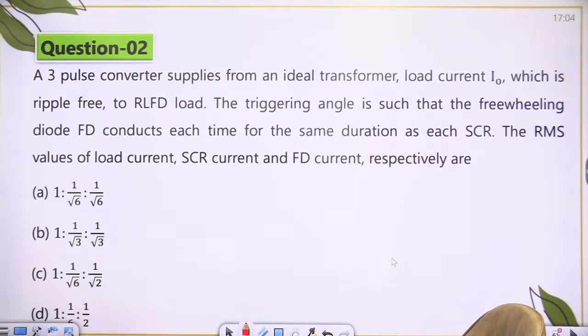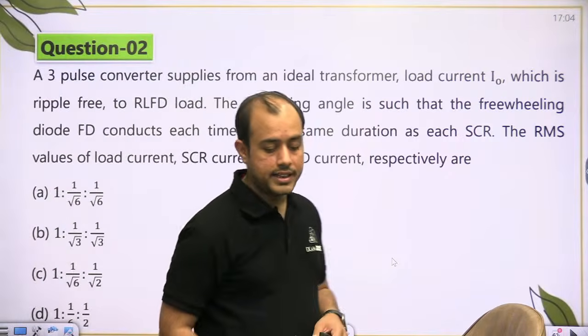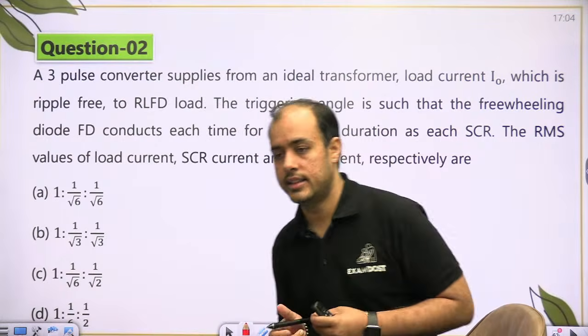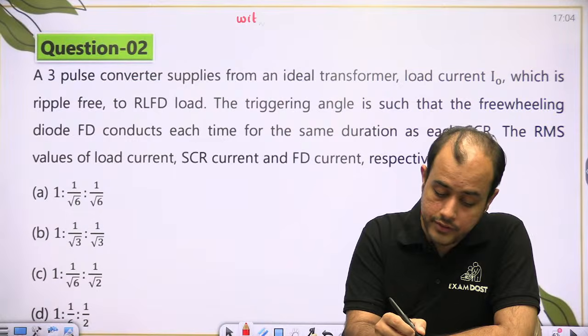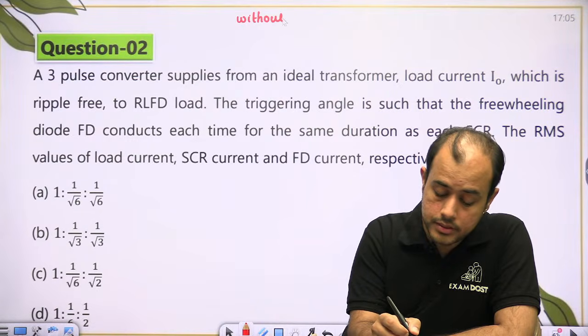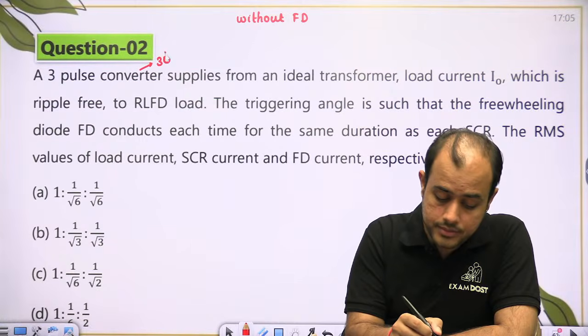चलिए ट्राई दिस वन। 3 पल्स कन्वर्टर सप्लाइड फ्रॉम आइडियल ट्रांसफॉर्मर इज having a load current I naught which is ripple free. I want to know the triggering angle such that freewheeling diode conducts each time for same duration as SCR, then the ratio of the RMS current. देखिए, without freewheeling diode, it is a 3-phase half wave rectifier.